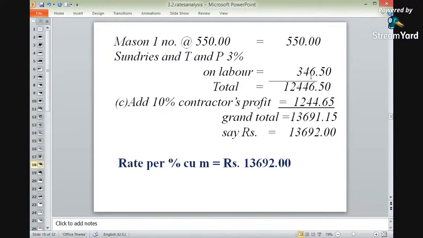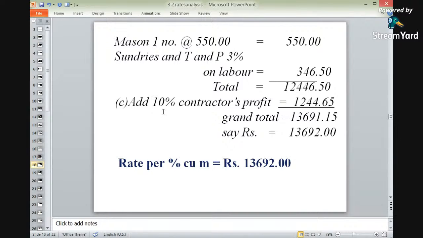The total amount, considering the tools and plants, comes to be 12446.50. Adding all three quantities, it comes to be 12446.50. What about the contractor's profit?